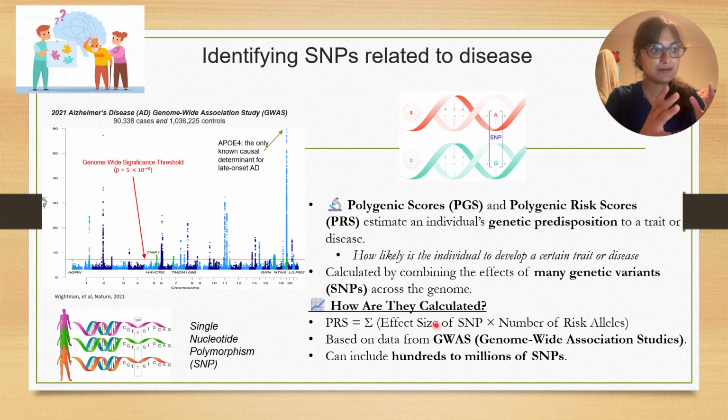It's a product, and then you keep on summing up these products, multiplying the effect size of another SNP times the number of risk alleles for that SNP. So it's like a weighted sum, a sum product.